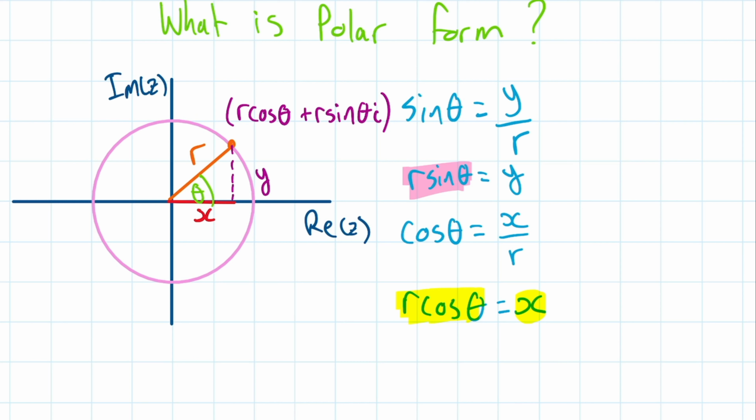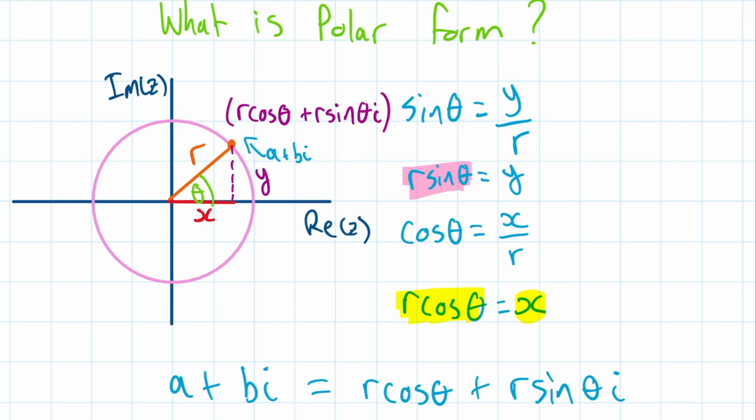What this means is that if I have any complex number, a plus bi, I can represent that as a point on my Argand diagram. And I can say that's equal to r cos theta plus r sine theta i. It's the same thing.